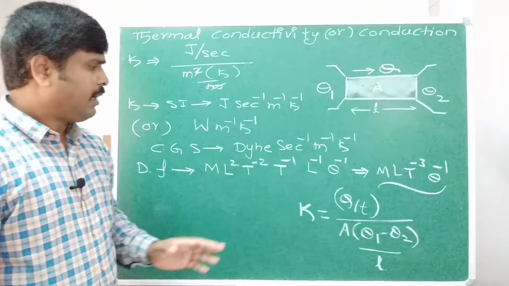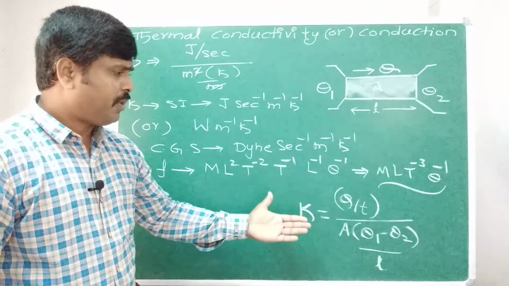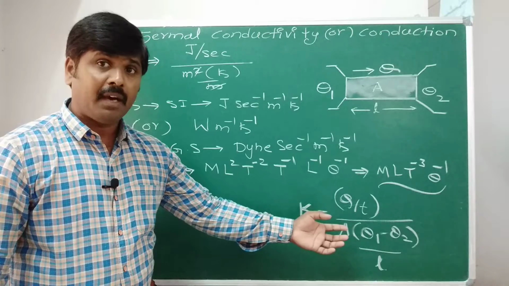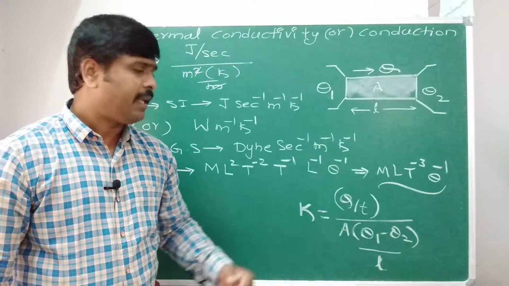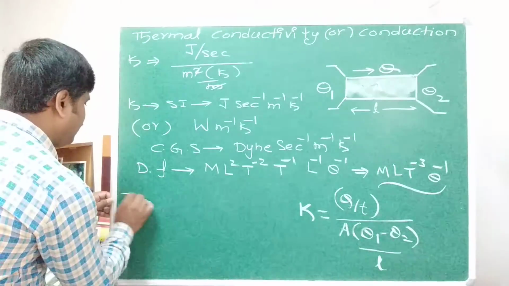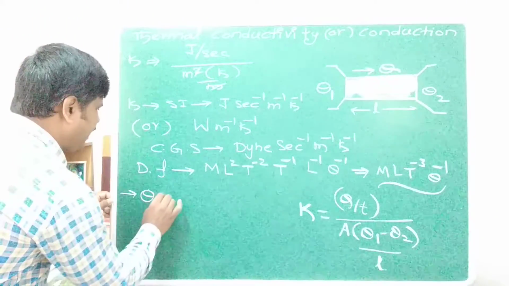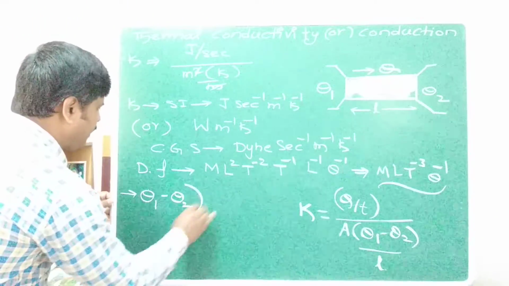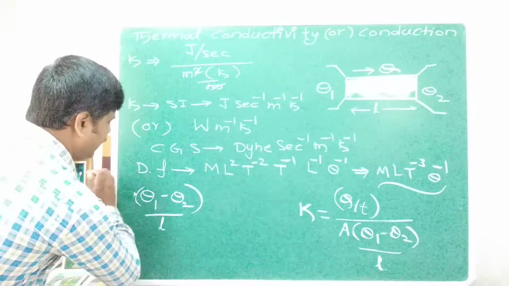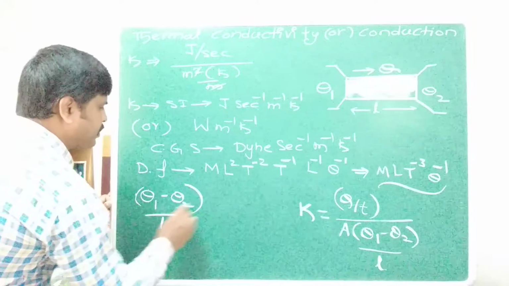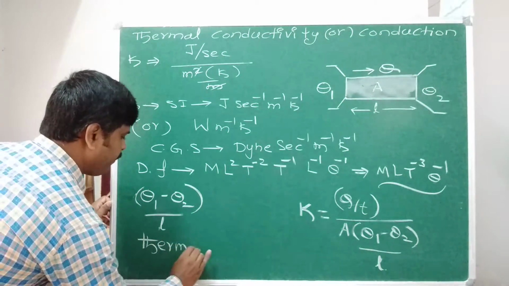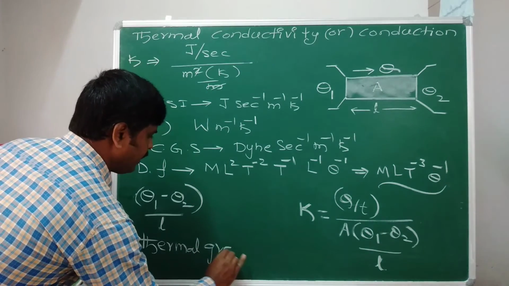Next we have to modify this equation. (θ1 minus θ2) divided by L is the temperature gradient. So (θ1 minus θ2) divided by L represents the thermal gradient.